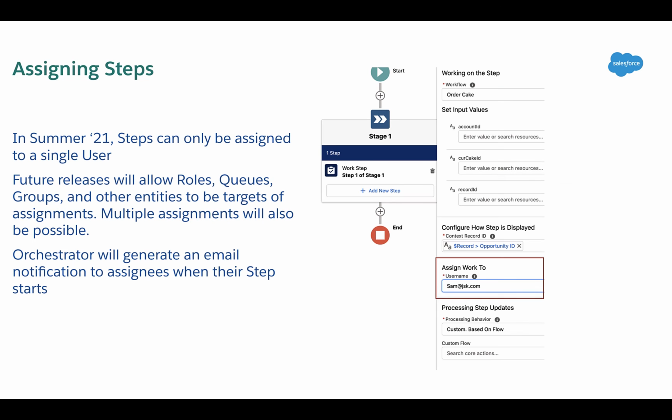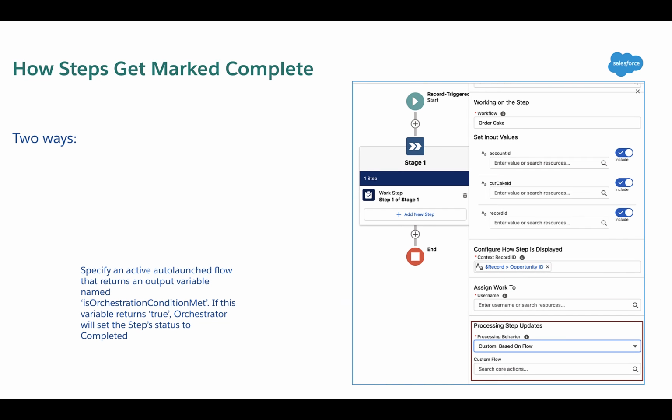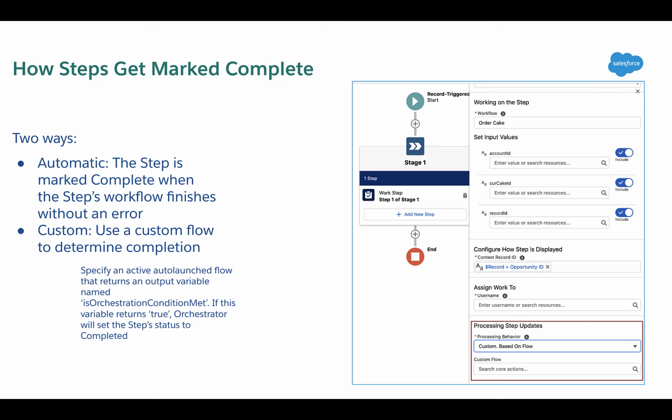When the step starts, whoever is assigned to this work is going to get one of those email notifications that you saw in the first tutorial. Now, just like you have some options for determining when a step is started, you have some options for determining when a step gets marked as complete. And there's two choices for completion control in the pilot and in summer 21.